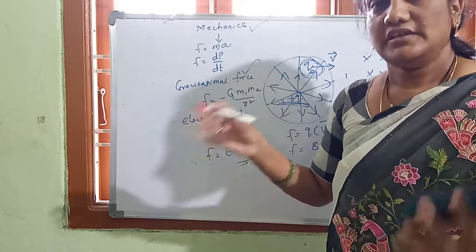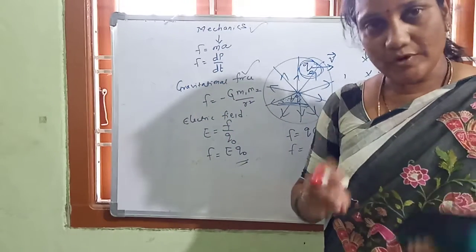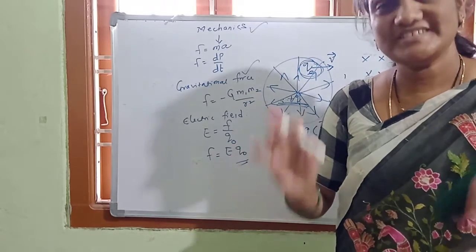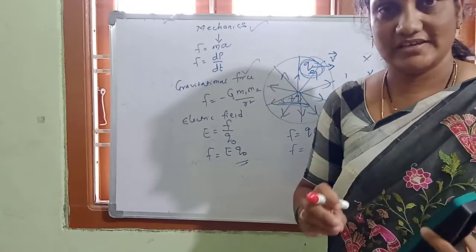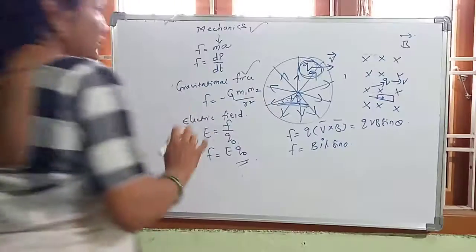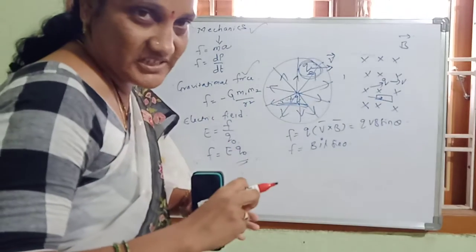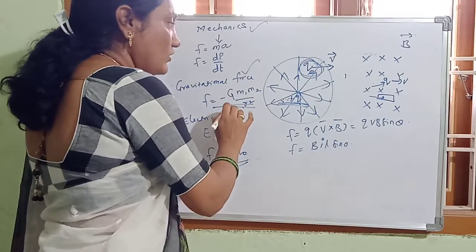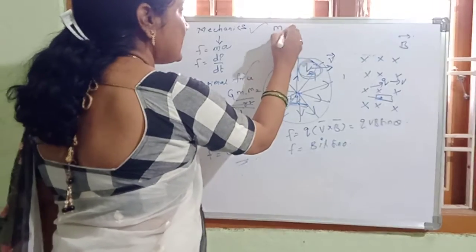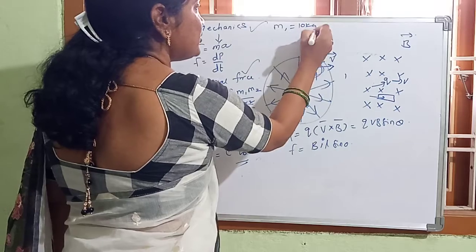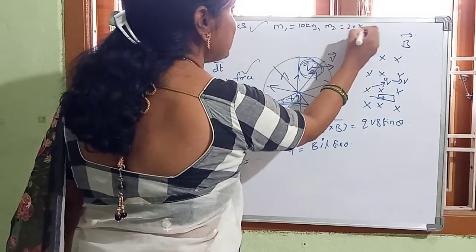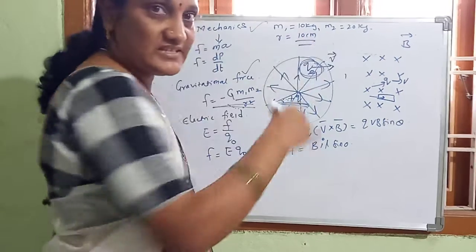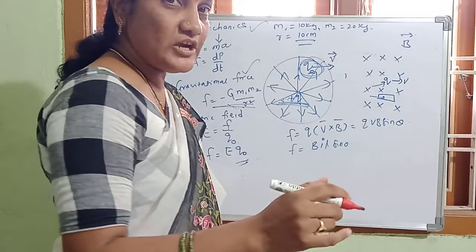So first, if we want to attempt a problem in a perfect way, read out the question perfectly. After reading out the question, you have to write down the parameters. For example, if he asks to find the gravitational force, he will say that one mass is 10 kg, the other mass is 20 kg, and they are separated by a certain distance, 10 centimeter, etc. Then what you have to do?